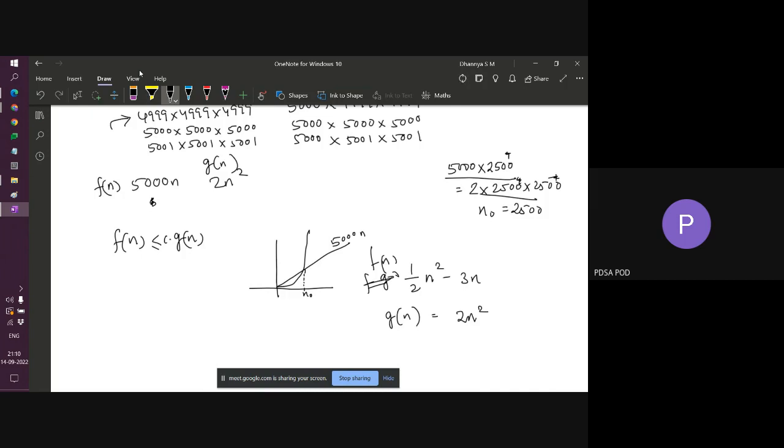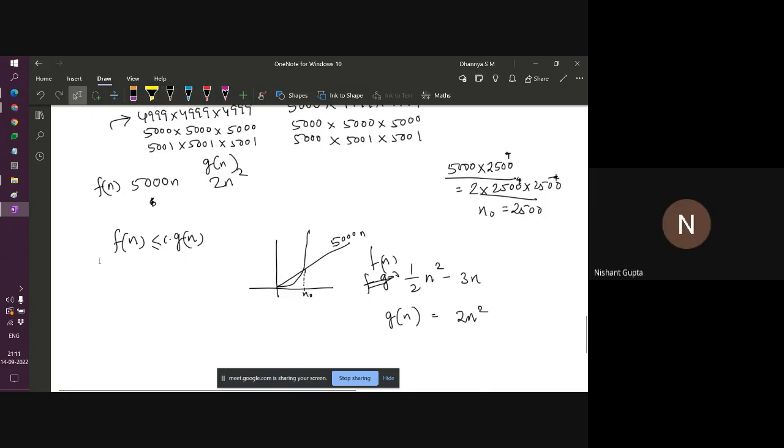Ma'am, can I add something? In this case only, where n cube and 5000 n square was being compared, say we are trying to get that asymptotic relationship of O, where C dot g of n is being compared.